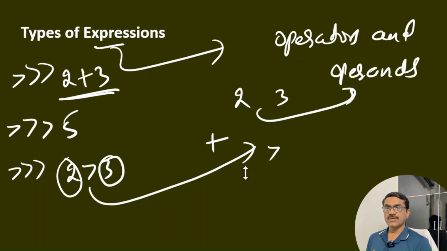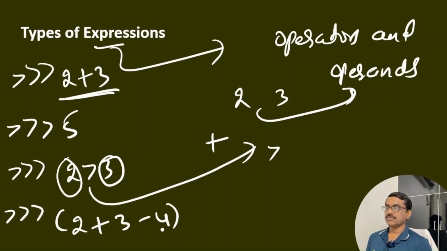Operands can be either variables or values. Sometimes an expression may consist of parentheses, like this: (2 plus 3) minus 4. Here I have a left parenthesis and a right parenthesis. Operands may be parenthesized values, or we can say variables.